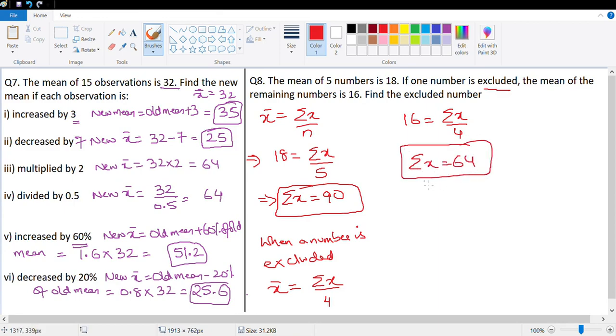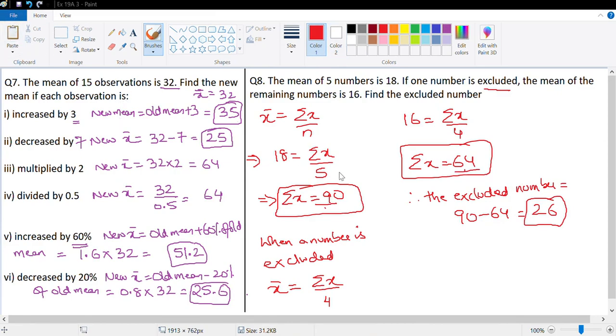So the sum of 4 numbers is 64, sum of 5 numbers is 90. Therefore, the excluded number is equal to 90 minus 64, which is equal to 26. Right, this is sum of 5 numbers, this is sum of 4 numbers, which means the fifth number is 90 minus 64, that's 26. Let's look at the next question.